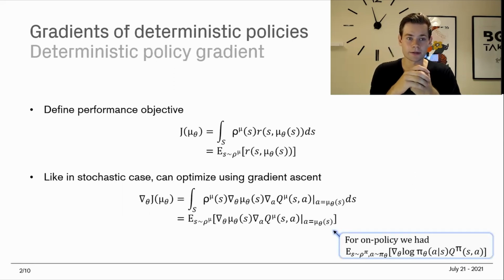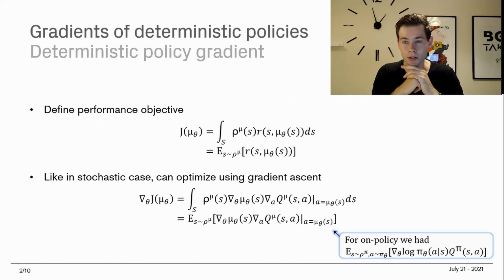Looking in more detail at the deterministic policy gradient, the performance objective comes out as rho, which is our distribution of states, and then the reward for a state and an action. But this time we see that we have mu of s in the expression there in the integral, the top one.